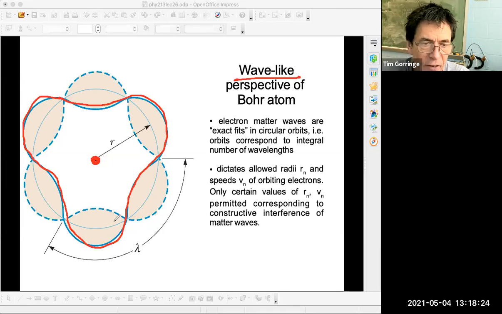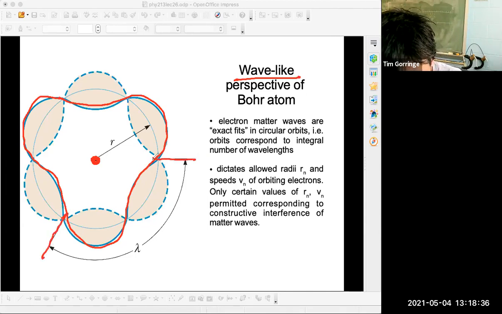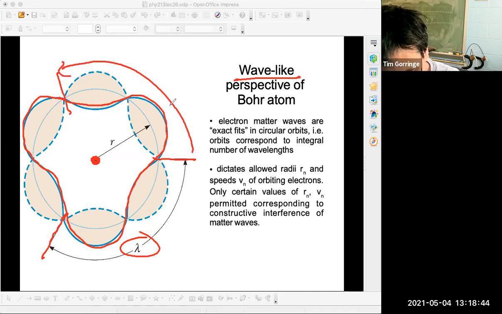orbit. You had to have a whole number of wavelengths around one complete orbit. And so I think you see this in this case. Look, here's an example. This is one wavelength. This is a second wavelength.